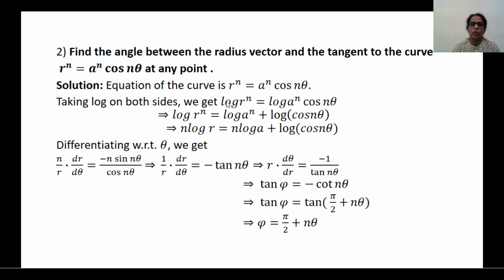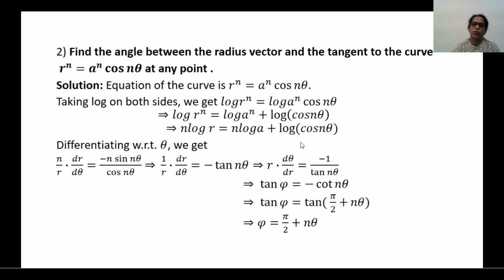So log r to the power of n equals log a to the power of n into cos n theta. Log m to the power of n is nothing but n log m. In the same manner, what is log of a into b? It is log a plus log b. Again using the log m to the power of n formula, n log a plus log of cos n theta.